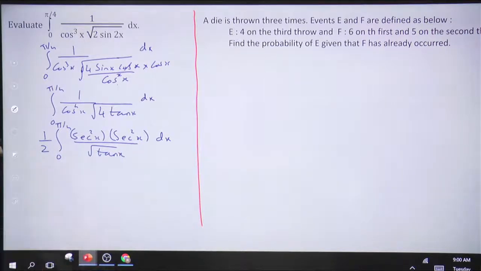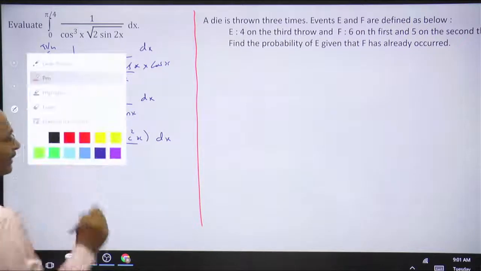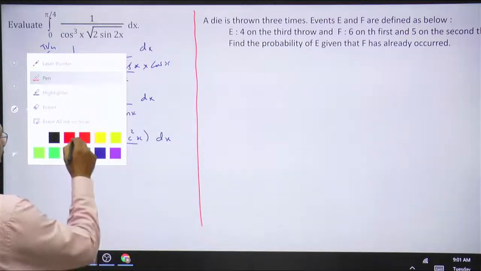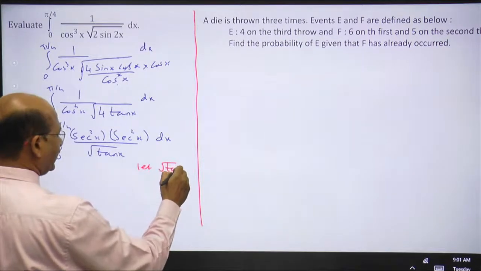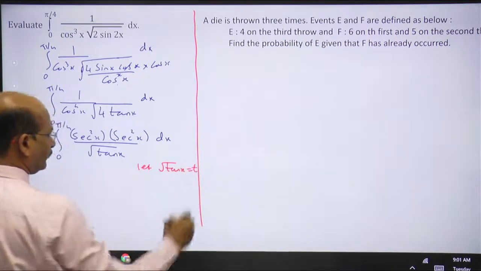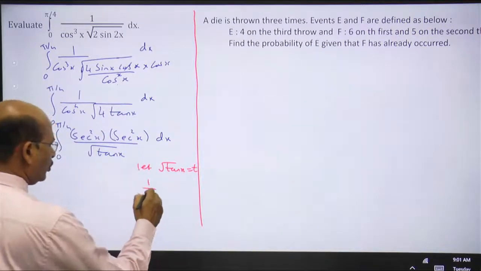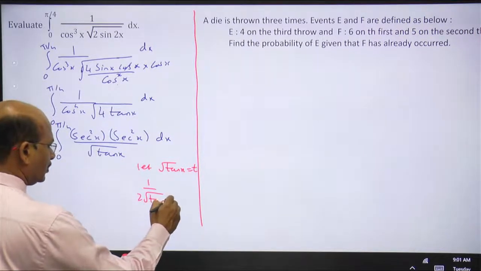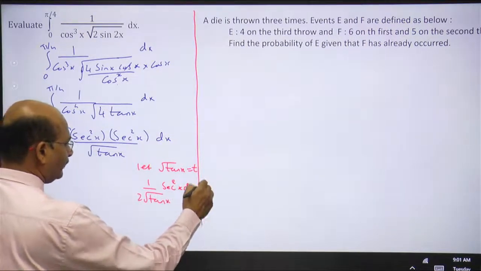I will take this portion now. So if I say, see, derivative of tan x is sec square x, correct? So if I say let root of tan x be t, so what will happen? 1 upon 2 root tan x into sec square x dx will be dt.